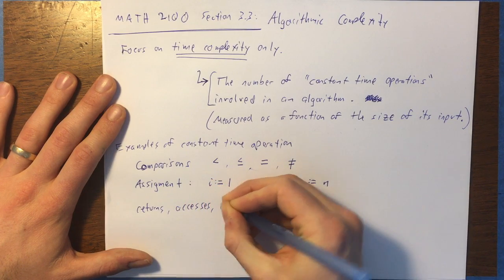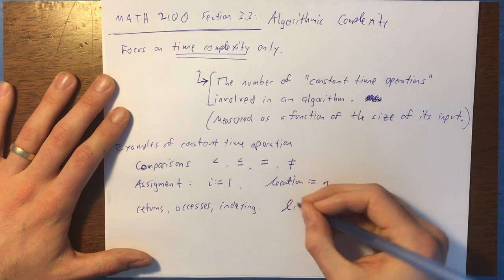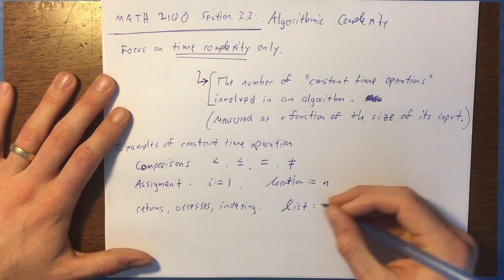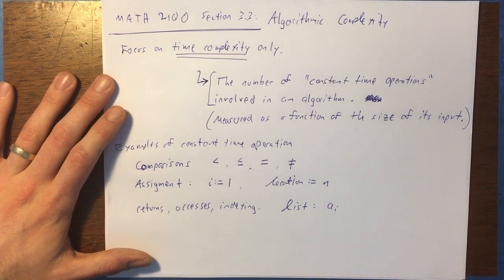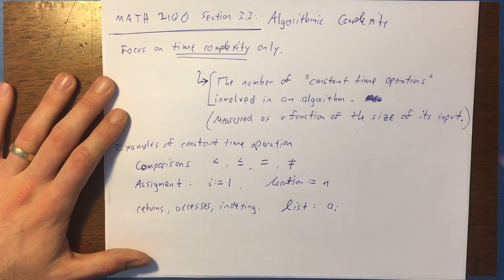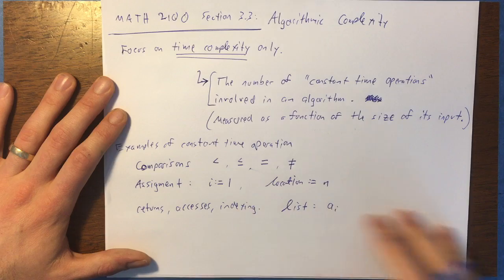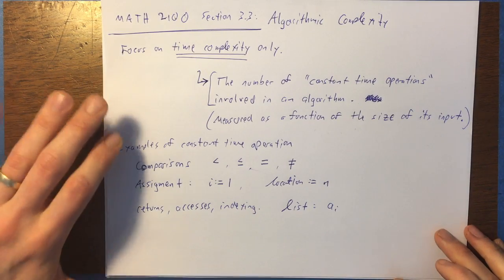Okay, things like returns, accesses, indexing, that sort of thing. When you say, take this list element and look at the ith element of that list, when you're accessing a list, or when you're reindexing a list, or when you're returning a value from a function, those kinds of things are constant time operations.